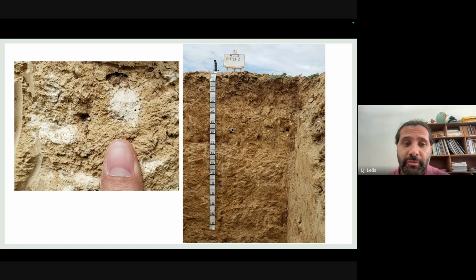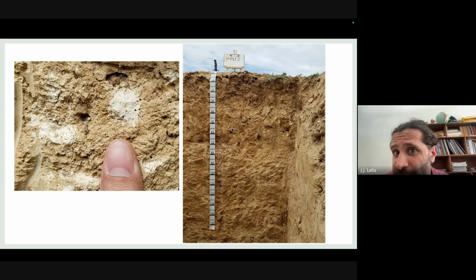And of course, to induce the formation of a calcic horizon, it's quite important that in that specific area I have a source of calcium and carbonate. So it's more common to find calcic horizons in soils formed by weathering of limestones or other rocks that are enriched in calcium, okay?